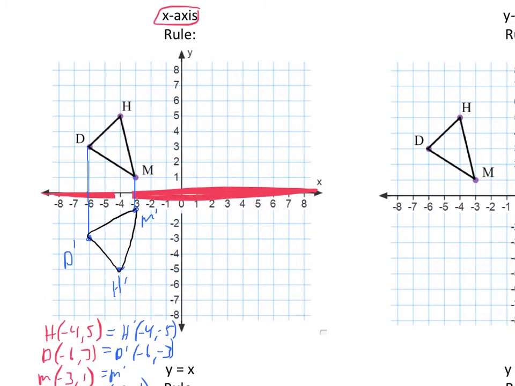So if you noticed, every coordinate in our first image, so we'll call this T, translates to T prime, its new location, and every coordinate kept the same x value, but the y value became opposite. And that's a rule. So you can visually do the reflection or do it manually by changing the coordinates and finding out the coordinates that way.